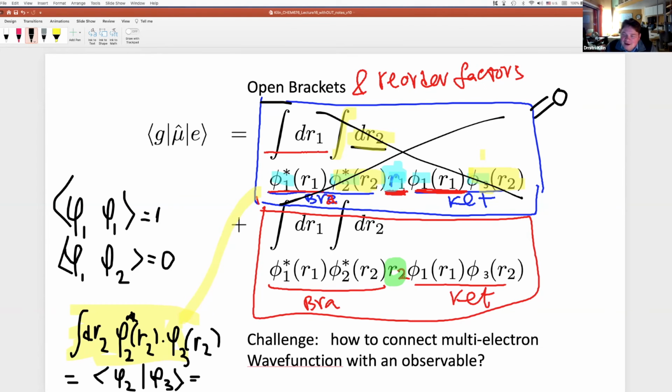Now, Kia, please. In the red box, we do have R2 in the middle. Please help me to highlight for everyone those terms that will depend on R1.